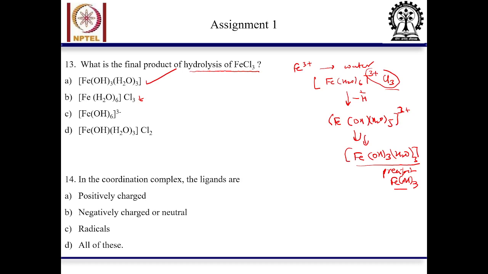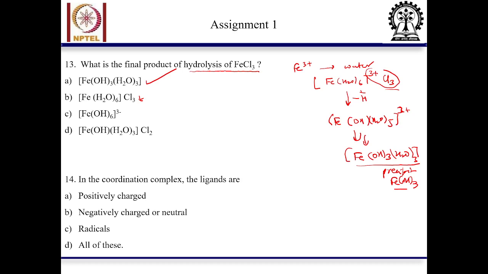Anyone else has a different opinion? Let me go and explain.